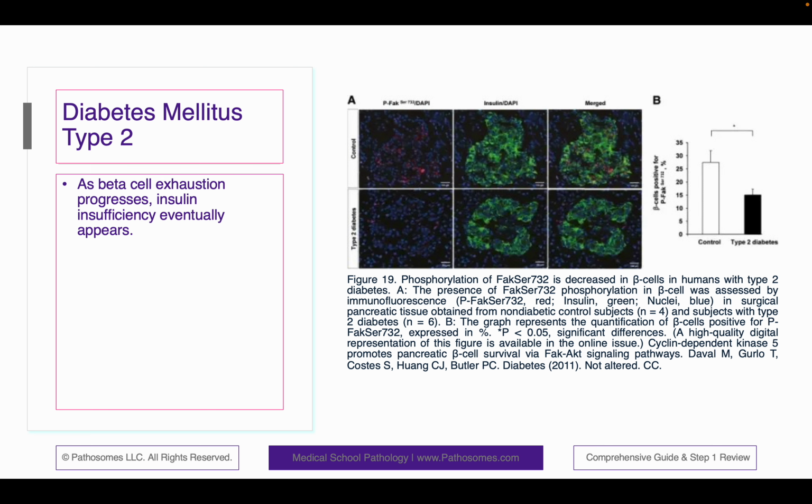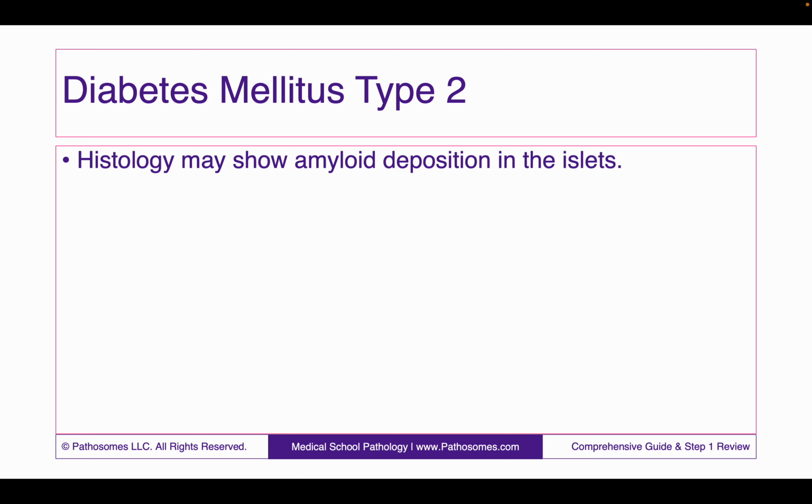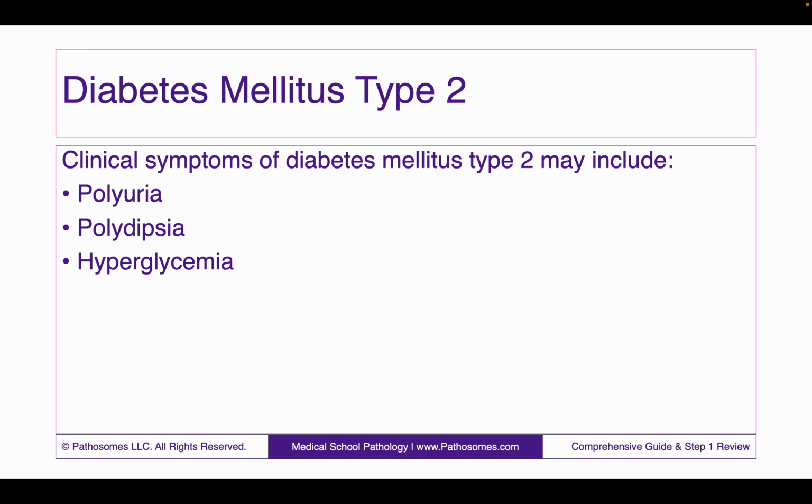As beta cell exhaustion progresses, insulin insufficiency eventually appears. Histology of the pancreas in a patient with diabetes mellitus type 2 may show amyloid deposition in the islets. And clinical symptoms may include polyuria, polydipsia, and hyperglycemia.